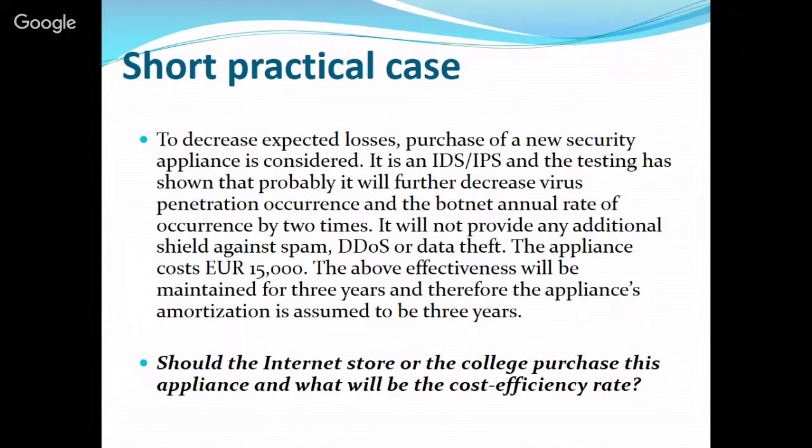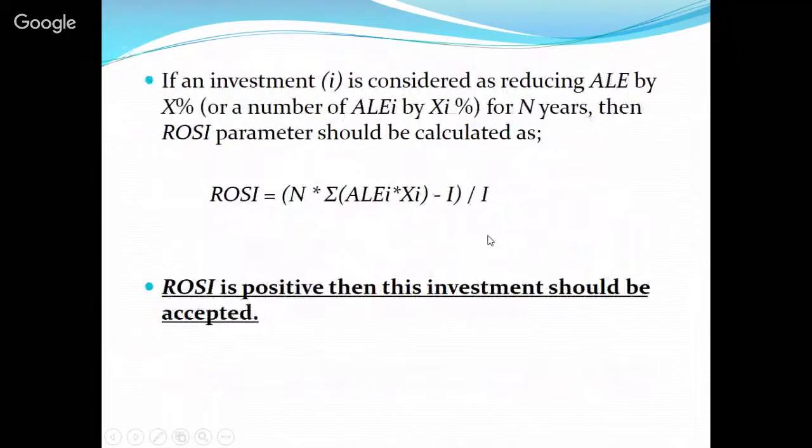The question is: should the internet store or college purchase this appliance, and what is the cost effectiveness? To solve this problem, we have to calculate ROSI, return on security investment, using the shown formula.